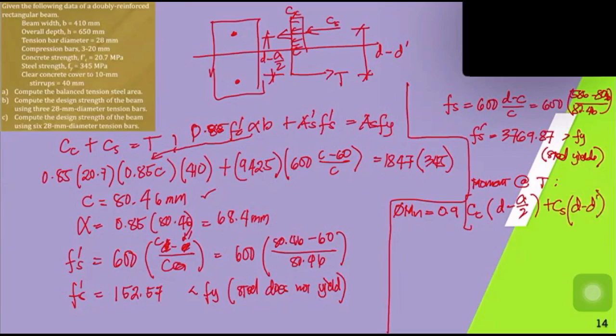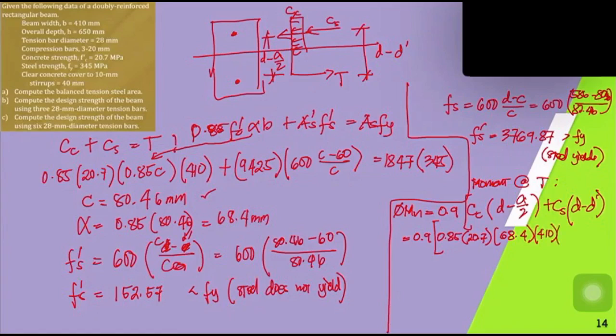So this is equals to 0.9 quantity 0.85 FC prime alpha, ilan na yan? 68.4, B 410.